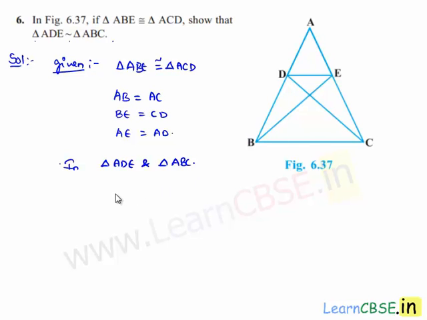In this, angle DAE will be equal to angle BAC, that is this angle, which is a common angle for both the triangles. Now here let us consider the two equations, that is AB is equal to AC and AE is equal to AD.